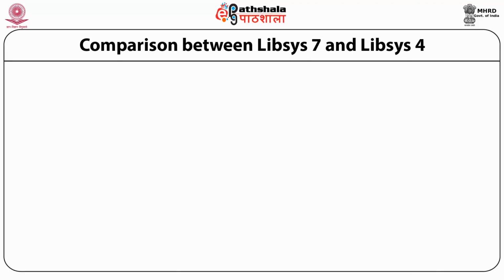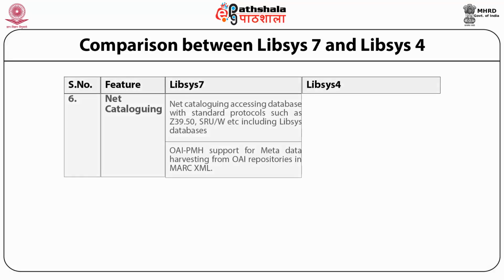Further comparing, LIPSIS 7 provides net cataloging and accessioning database access with standard protocols such as Z39.50 and SRU, including LIPSIS databases. It supports OAI-PMH for metadata harvesting from OAI repositories in MARC XML.